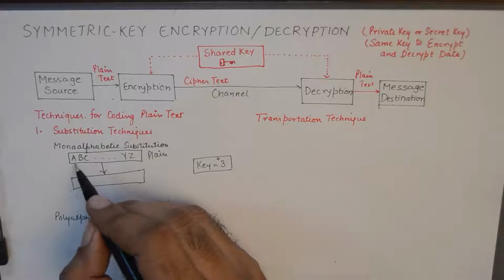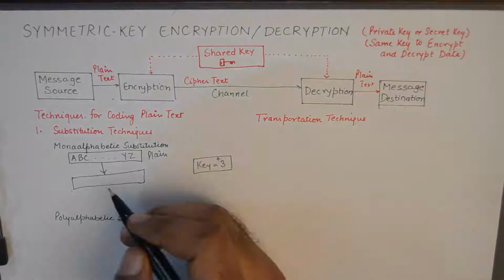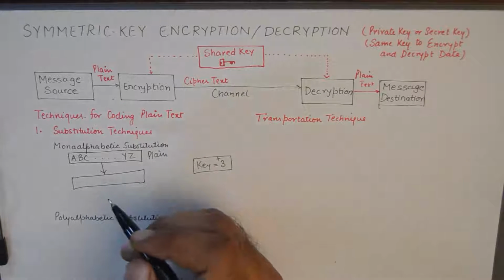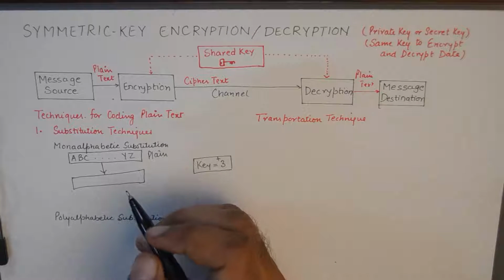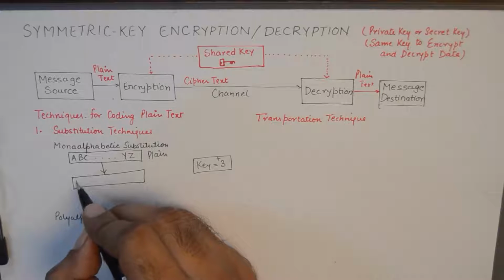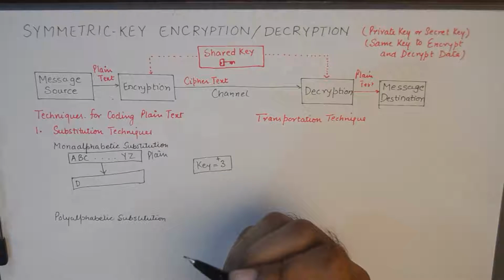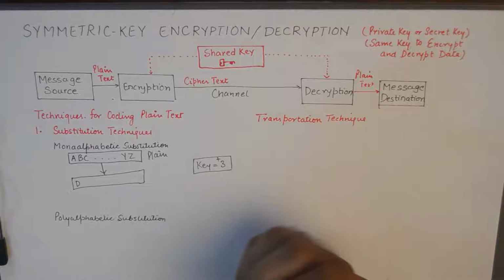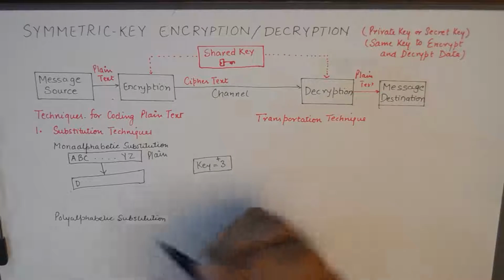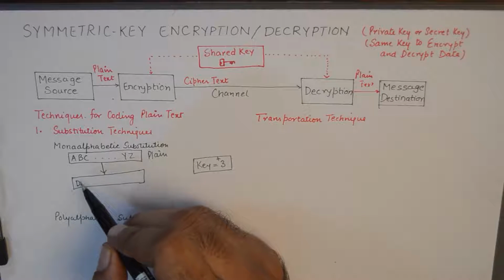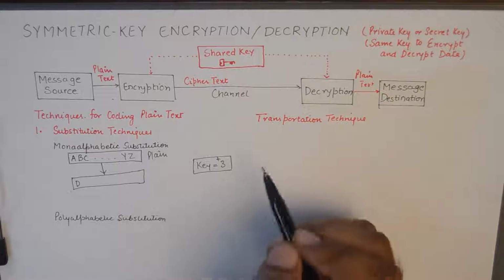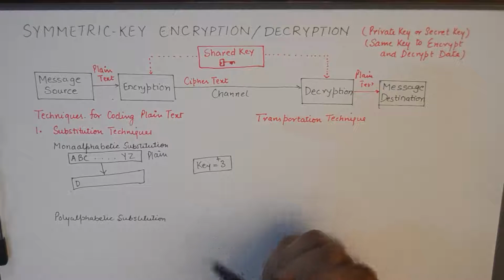So what will happen is, if we were to transmit A on the channel, we'll transfer D instead. So we'll push 3 characters down to generate a new character which will be encrypted or ciphered.